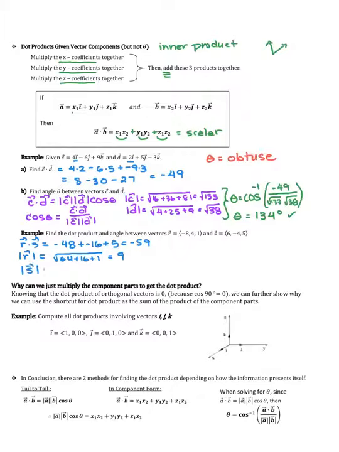And vector S is going to be, let's see, we have 36 plus 16 plus 25, and that's going to give me square root of 77. So we have the dot product, which it asked for, so this was your R dot S. And to find the angle between them, we're going to just go ahead and do theta equals the inverse cosine.